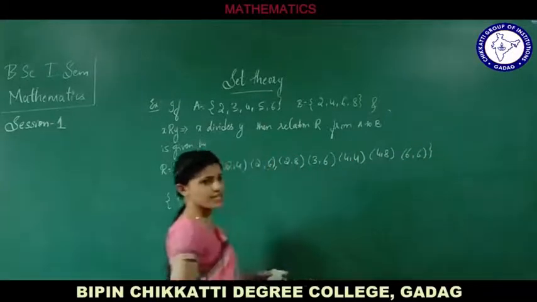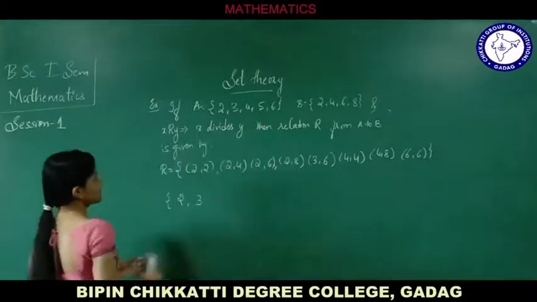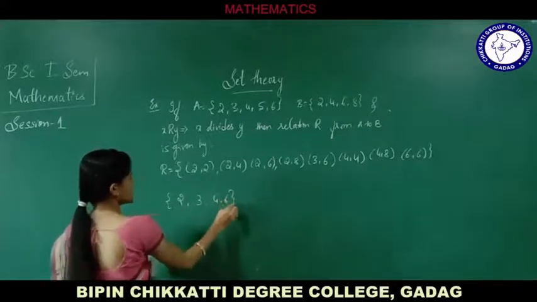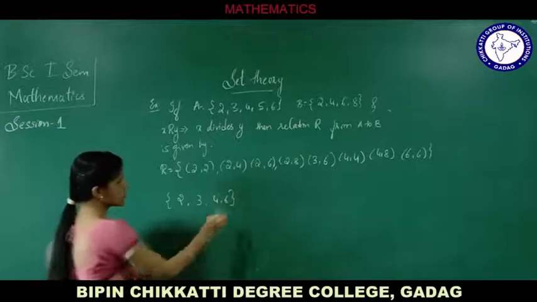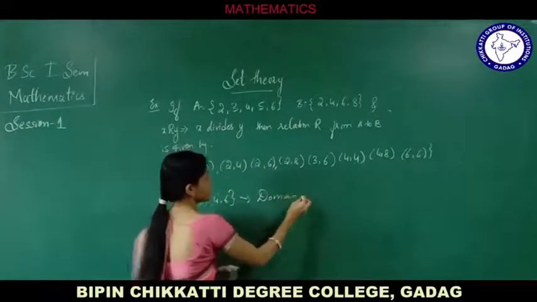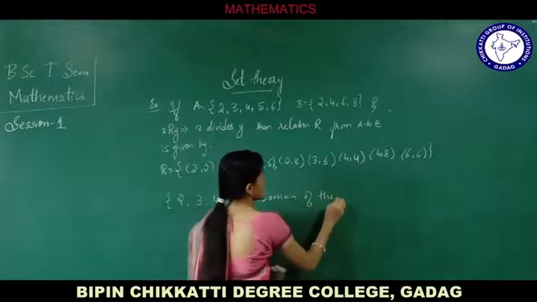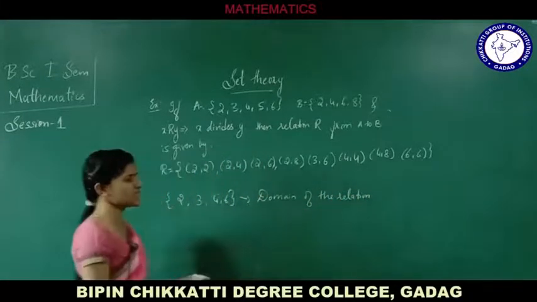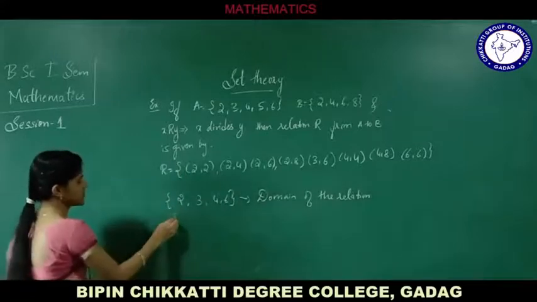This is our relation. So what do we have? The domain 2, 3, 4 and 6. This is called the domain of the relation. Then what about the range? Consider the second elements.